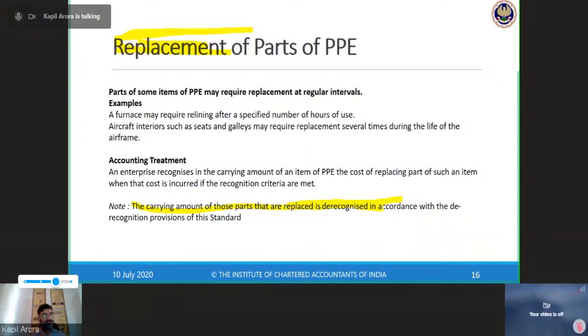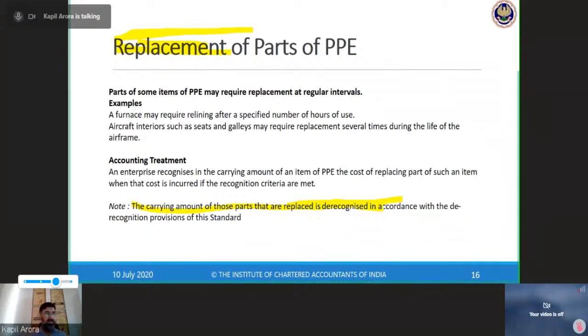One, that I have to add the value of the new asset. At the same time, when I'm adding the value of new asset, I have to remove the value of the older asset. If I keep the value of the older asset also, it means even though the older asset has gone out, still the value is there. That is the logic of having the value removed from the older value.